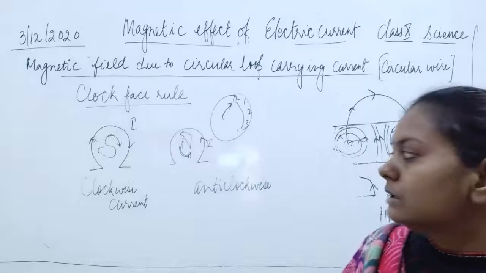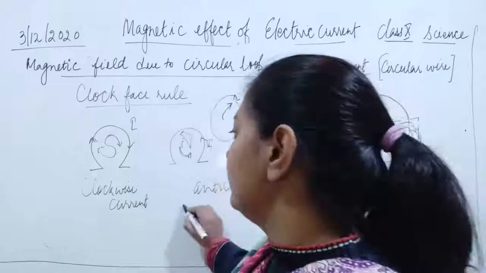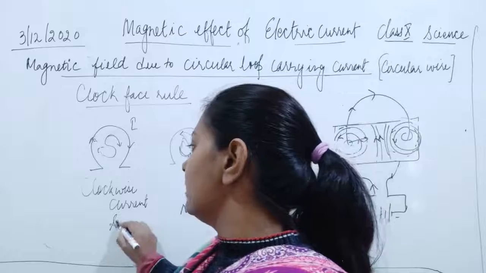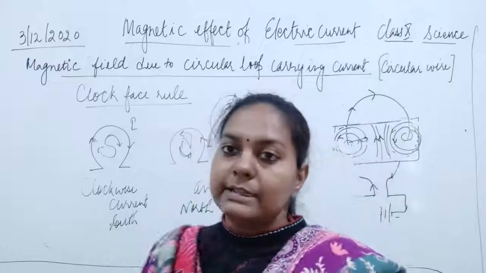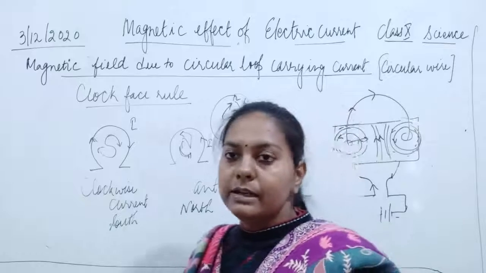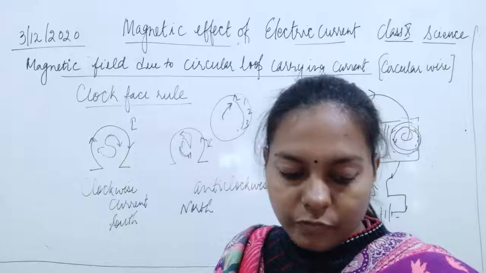Got it? I think this is in north direction. Fine. North magnetic pole will be developed, and here south magnetic pole would be developed according to the clockwise current and the direction of this movement.